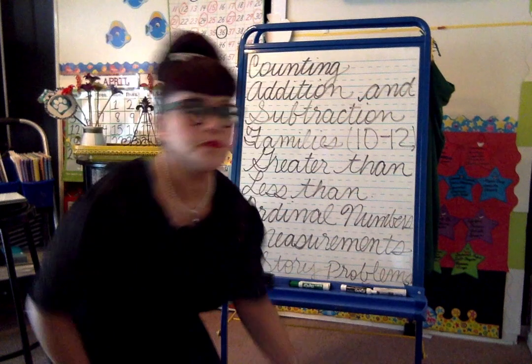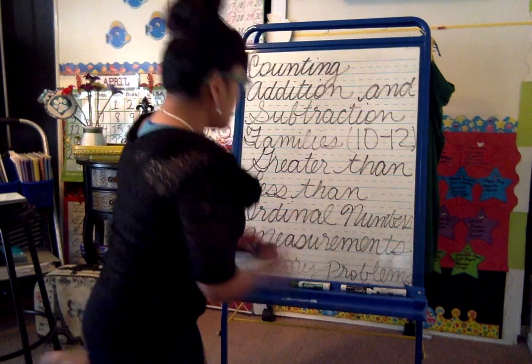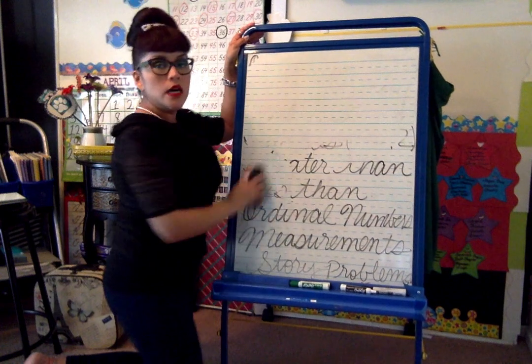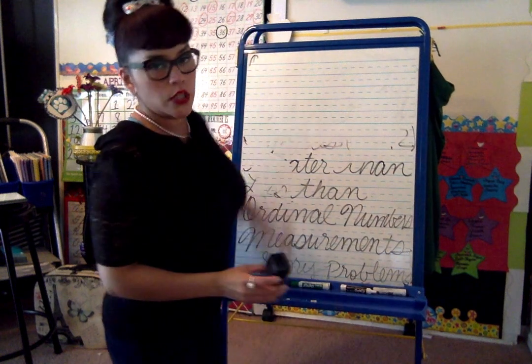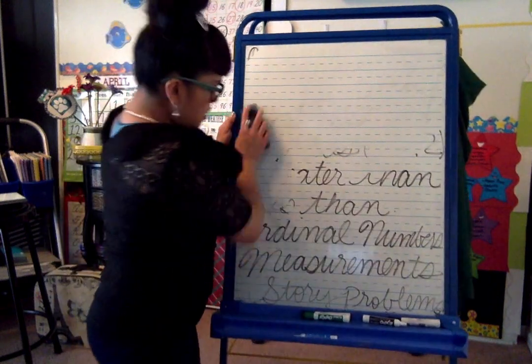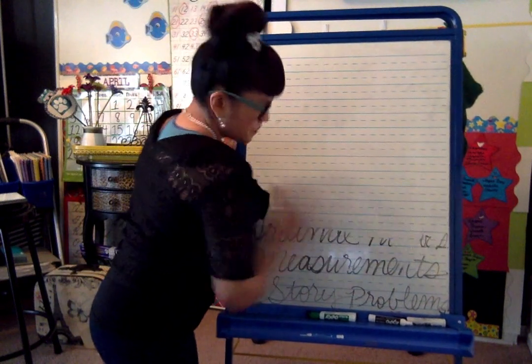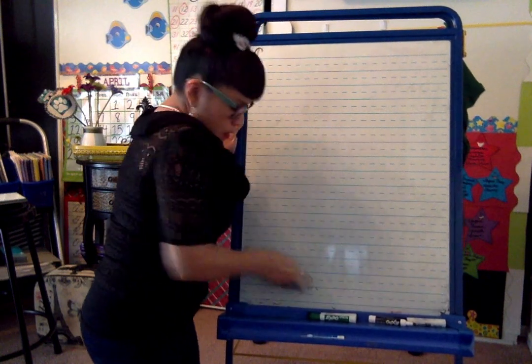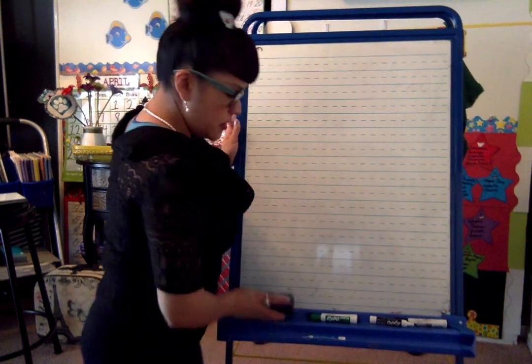You guys ready? Okay, so when we're talking about story problems, class, I always encourage you guys to underline your number word, okay? Underline your number word. Alrighty. You guys should be able to see there.